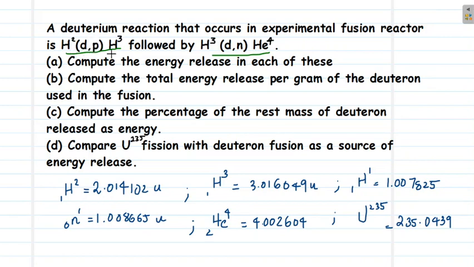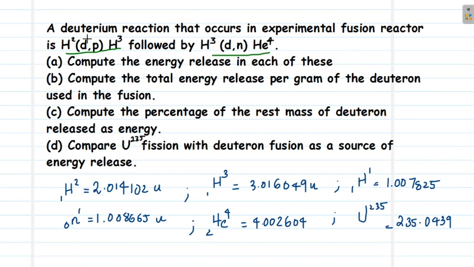So if we write the first nuclear reaction, it will be 1H2 plus another deuteron, again 1H2. So 1H2 plus 1H2 gives a proton plus a tritium.